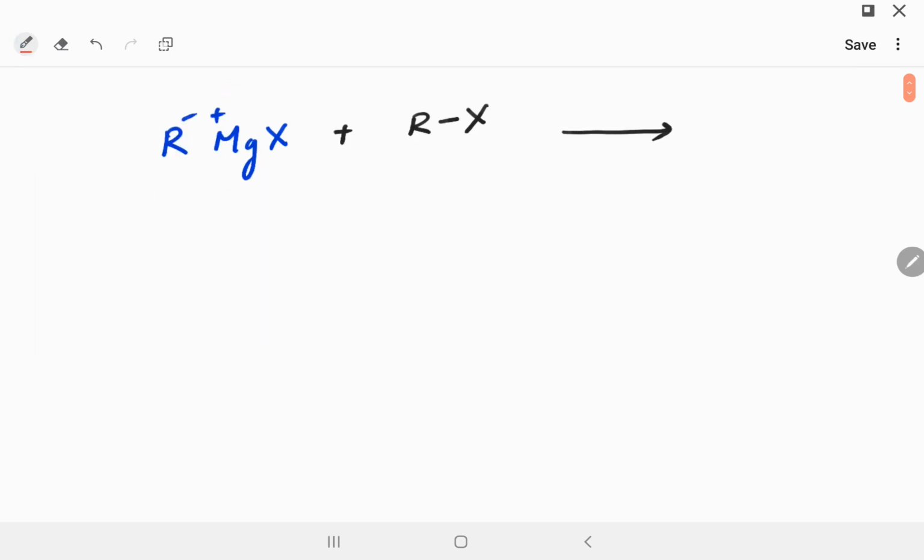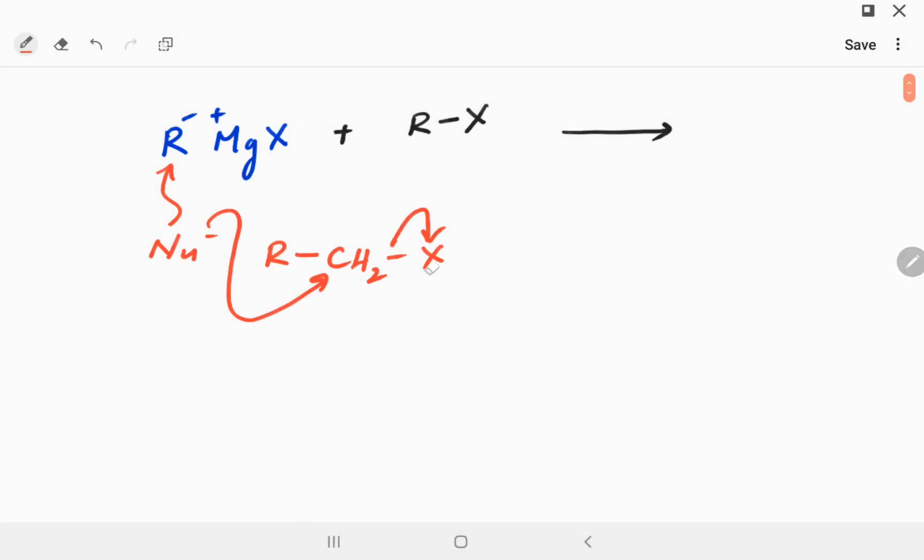Why? Because the carbon ion in the Grignard reagent is an excellent nucleophile. This R minus is an excellent nucleophile, so it will basically attack the carbon and then replace the halogen.